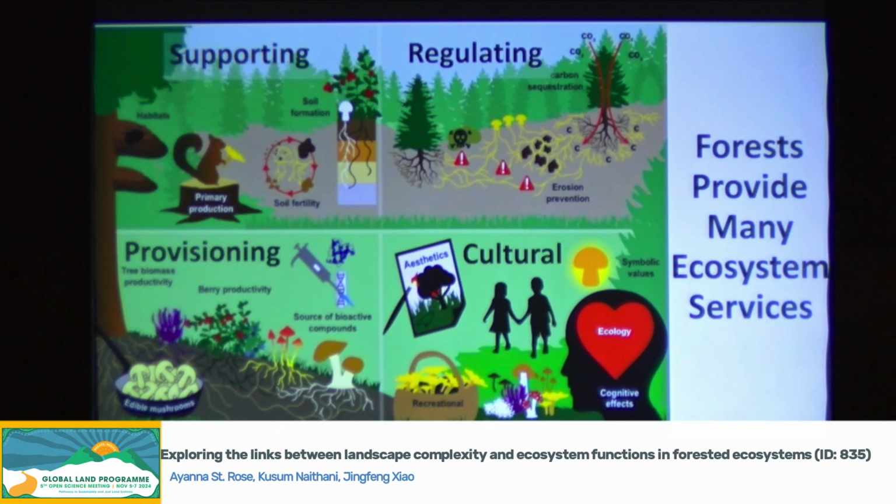So this research happens in forests, not just because I love trees, being from the Nature Isle, but because forests are important ecosystems. They provide us with many different ecosystem services, from supporting services to cultural services and regulating services like carbon sequestration.